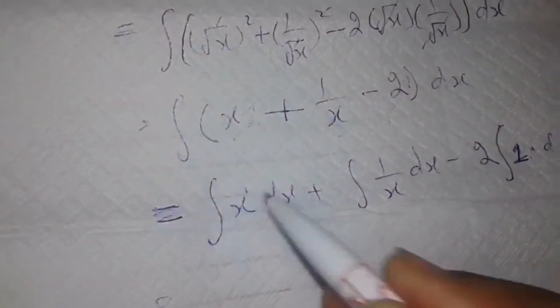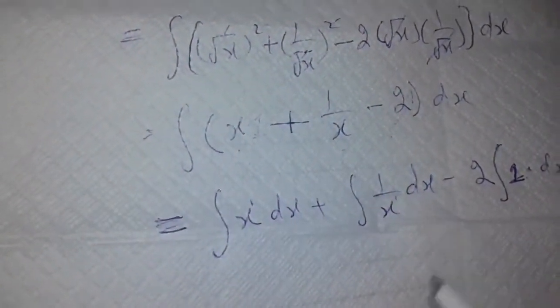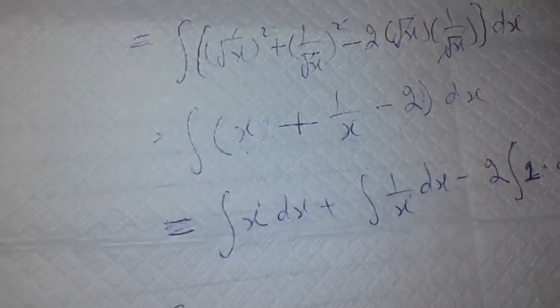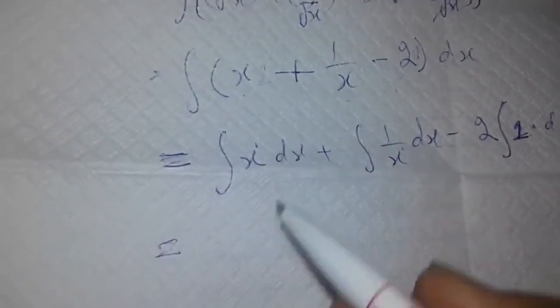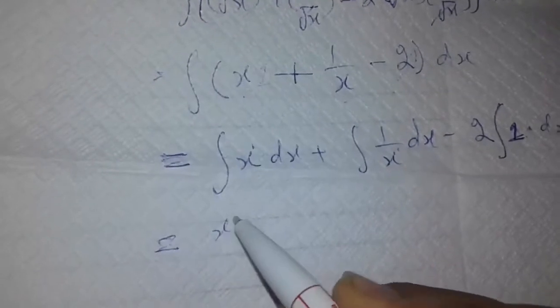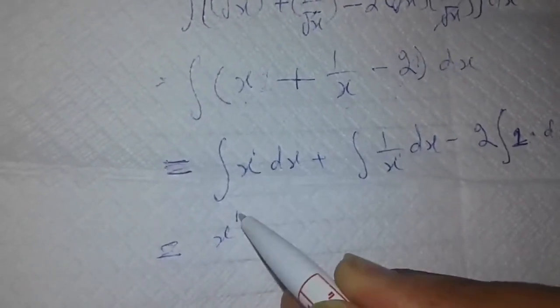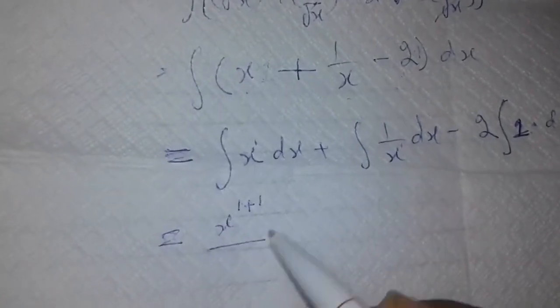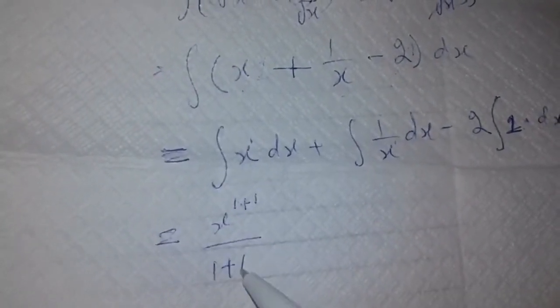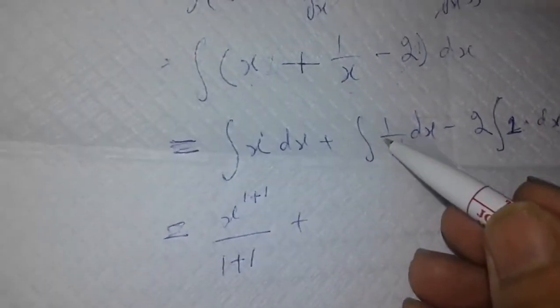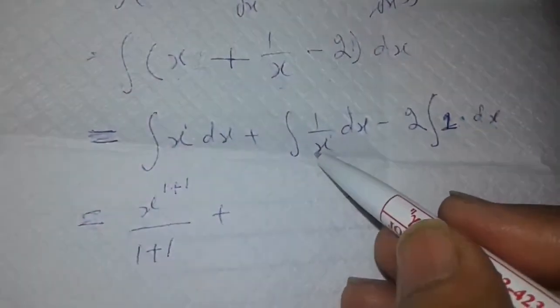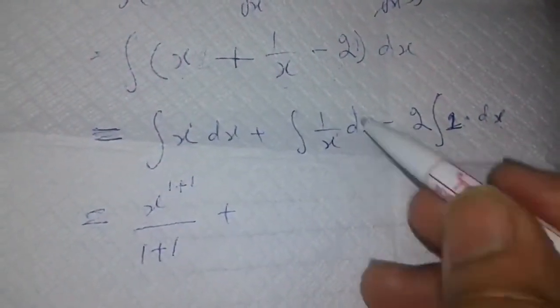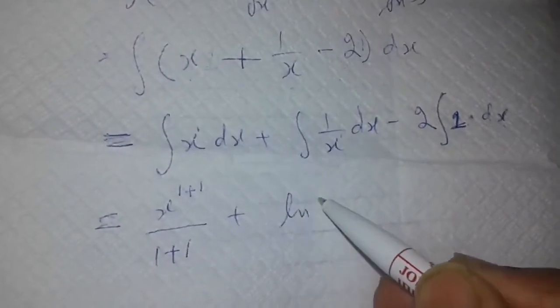Here the power is 1, here also the power is 1, so we can use a simple formula for integration, which is 1 the power plus the increment in the power, divided by the same new power, which is 1 plus 1. Here the formula for 1 over x is natural log of x.